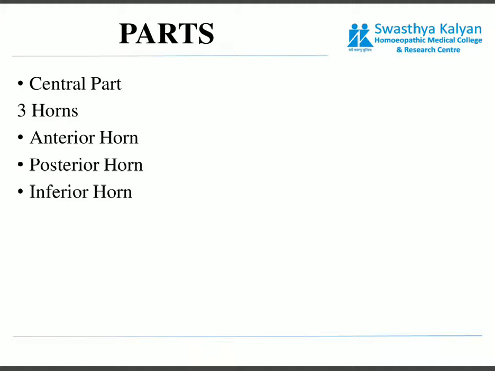For the purpose of study, we divide the lateral ventricle into various parts. That is the central part, or body, of the lateral ventricle. Then there are three horns, the anterior, posterior and inferior, named according to the location where they are present.